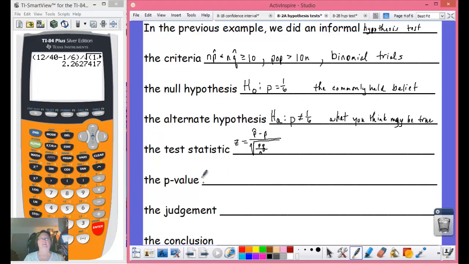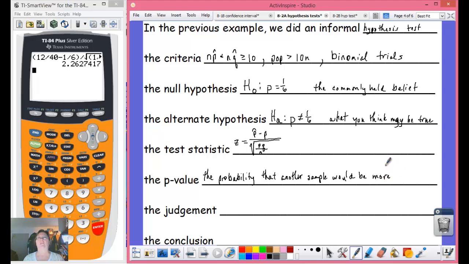Okay. We did not find the p-value in our informal test. I want to give you a definition for that, and we'll look at that in just a moment. But the p-value is the probability that another sample would have as extreme a result as yours did. That another sample would be as extreme or more extreme than yours.